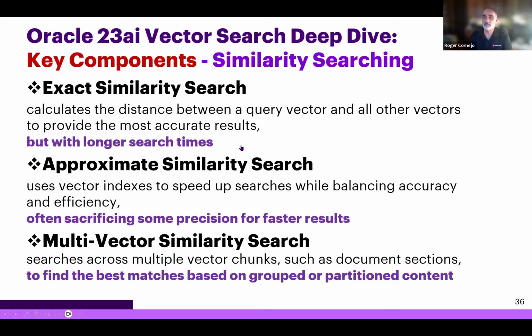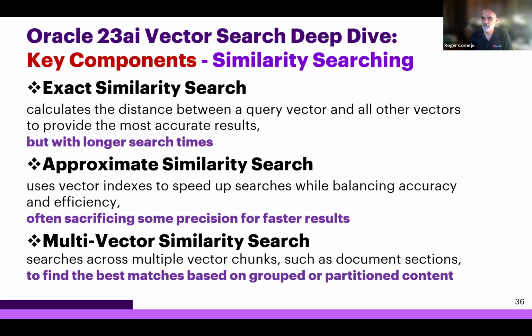When it gets to similarity searching, there's exact similarity search. Basically it calculates a difference between the query vector and all other vectors, but it's going to take longer to get your results. So exact similarity search is more accurate, but has longer search times. With approximate similarity searches, you're going to be sacrificing some precision, but you'll get faster results.